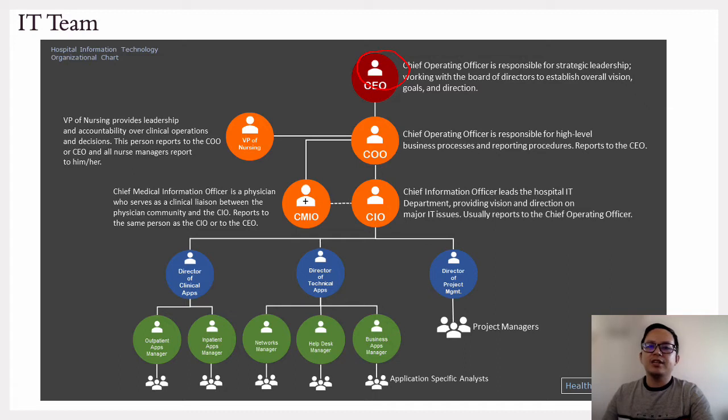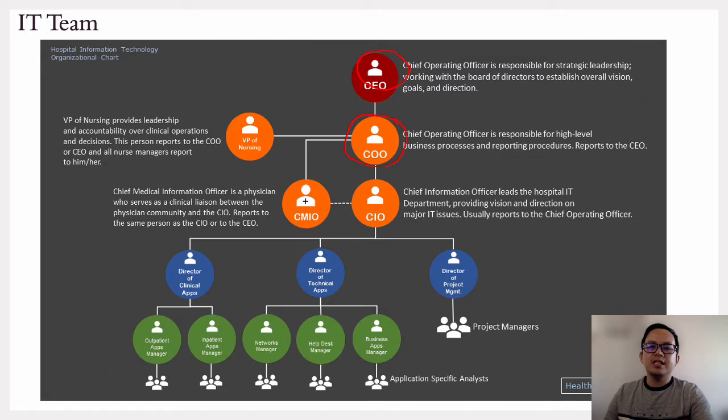Directly under the CEO is the Chief Operating Officer, or the COO. The COO is responsible for high-level business processes and reporting procedures. Whether the CIO reports to the CEO or not, the CIO has the last say and authority over the hospital IT department.